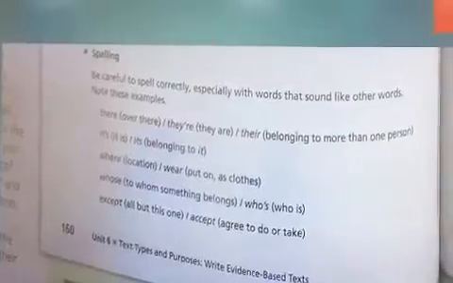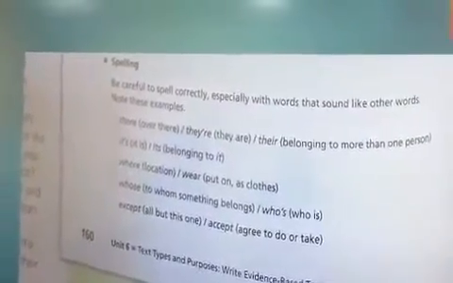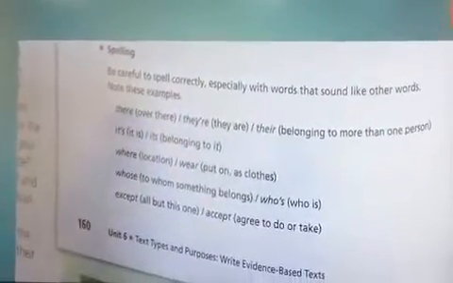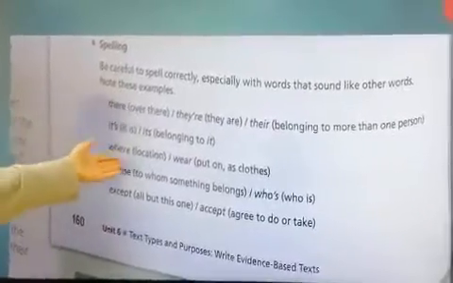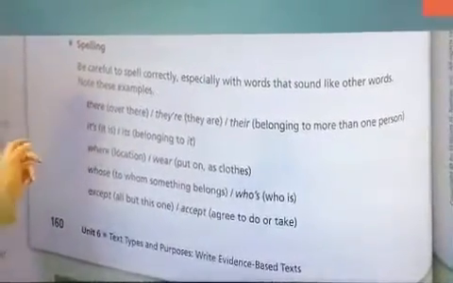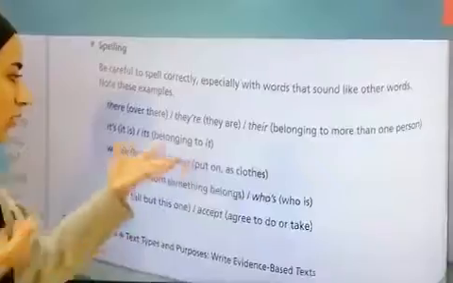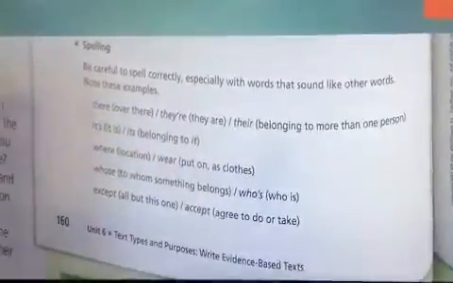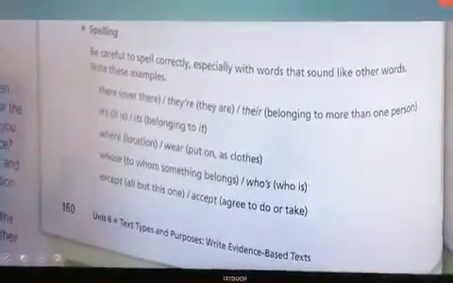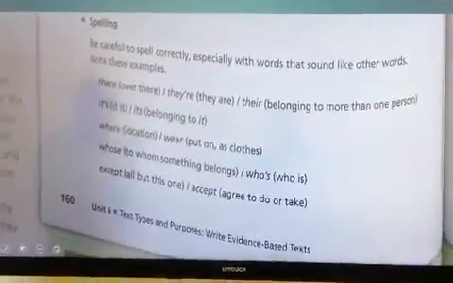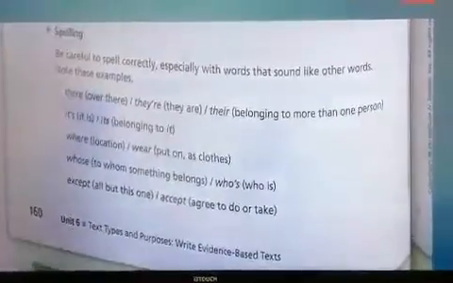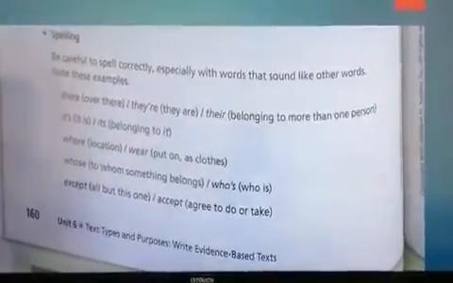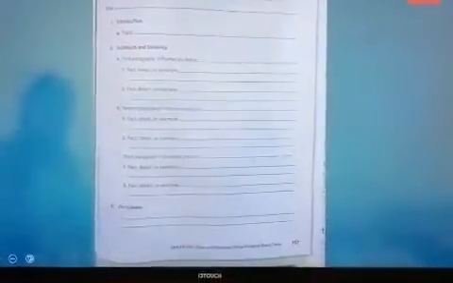And you have some examples in your book. You should look at them. You have here "where," which is for location. I'm asking about location and direction. "Wear" is to put on as clothing when you are wearing something. So they might sound like each other, but they are totally different. They have a totally different meaning. So you should be careful while using them.